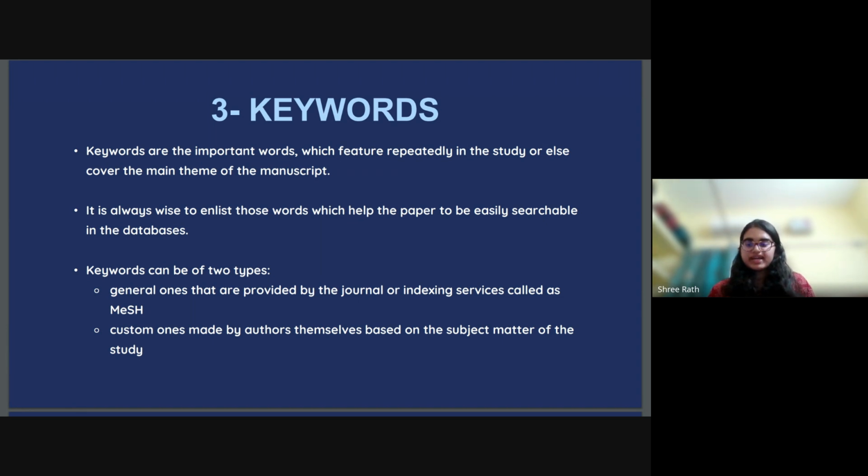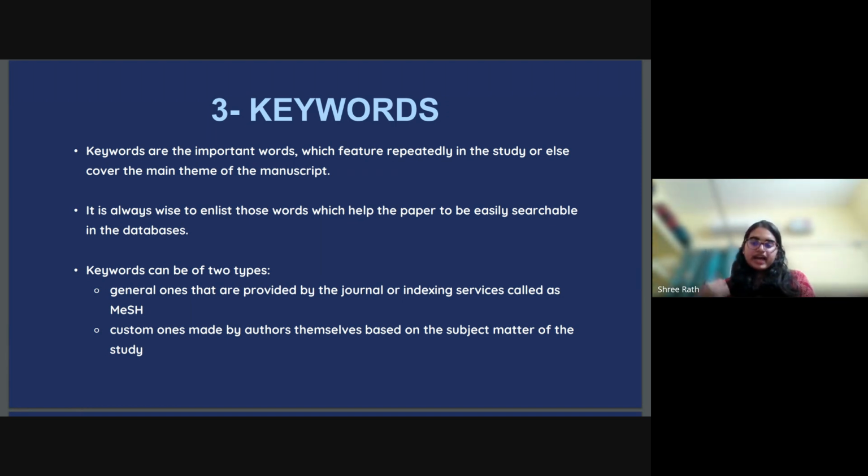So when you're choosing your keywords, instead of just blindly choosing the keywords based on your manuscript or your title, you should ideally see if those words are indexed as MeSH or not through the MeSH website, which you can search online, MeSH in PubMed. If they are indexed as MeSH terms, you should include those. And there are obviously some keywords which would not be MeSH, and you can include them as well if you find it very important to highlight your result.